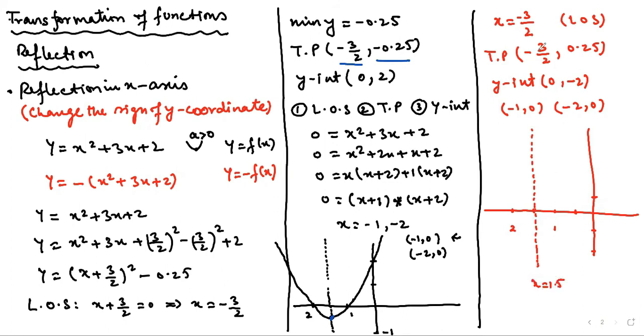The turning point is (-1.5, 0.25). Approximately this is the turning point. The y-intercept is (0, -2), this one.